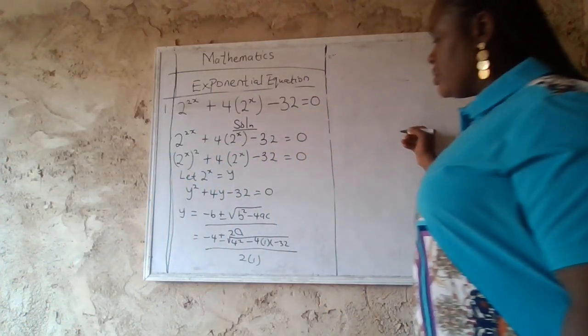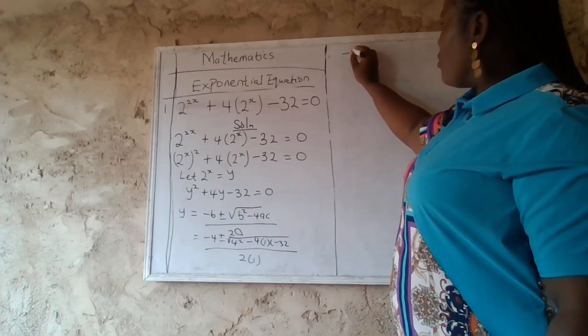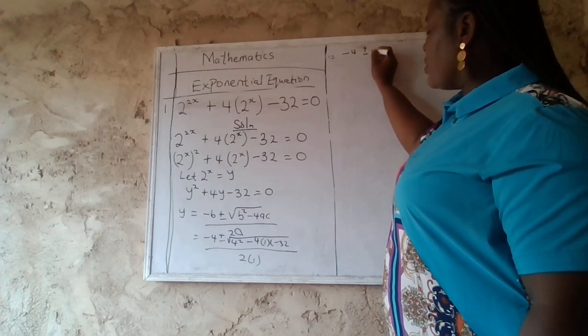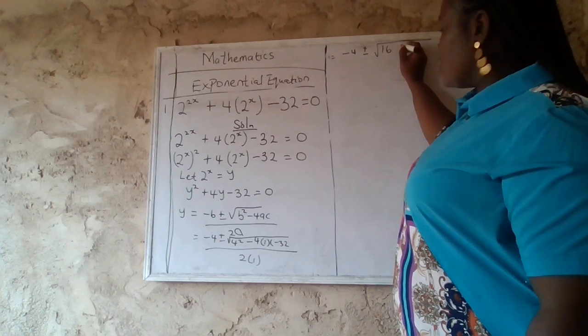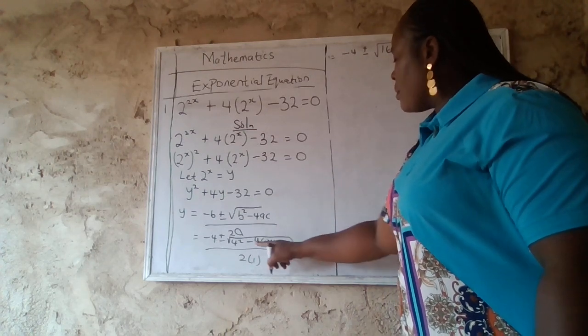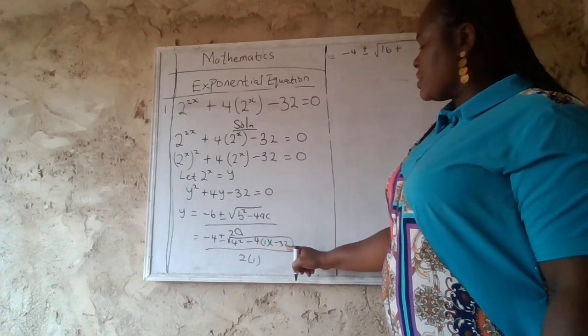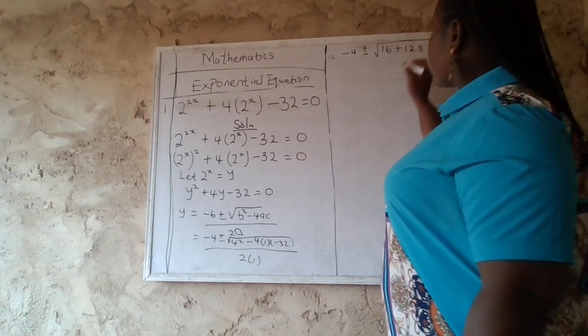Now continuing to simplify, we have minus 4 plus or minus the square root of 16. This time around, because we are having minus, we'll be having plus 4 times 32, which will give us 128.